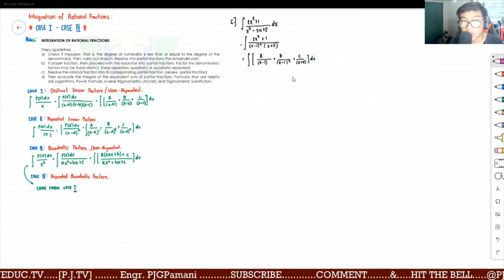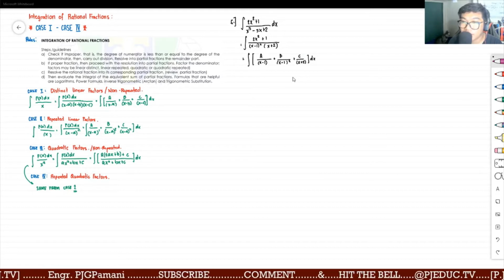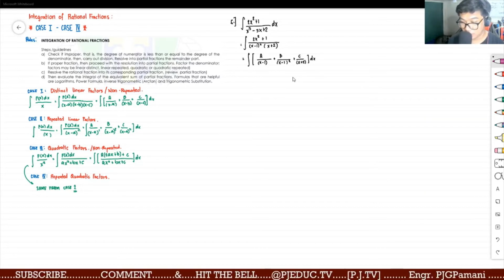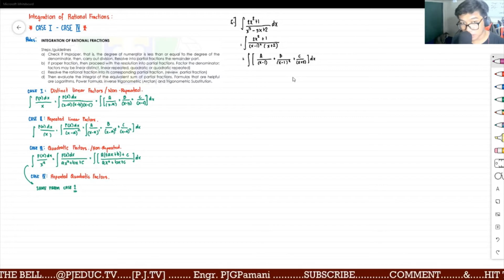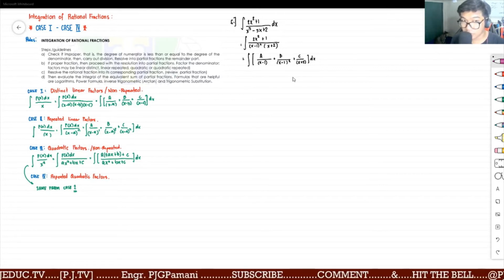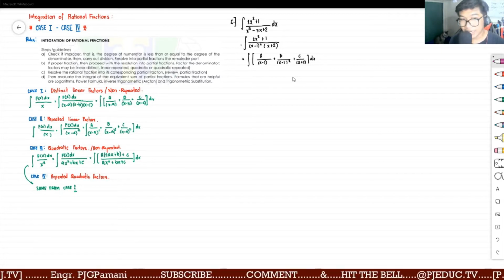So how are we going to solve for the partial fractions for A, B, and C? Let's try to use method B, or the second method, or the first method by LCD.